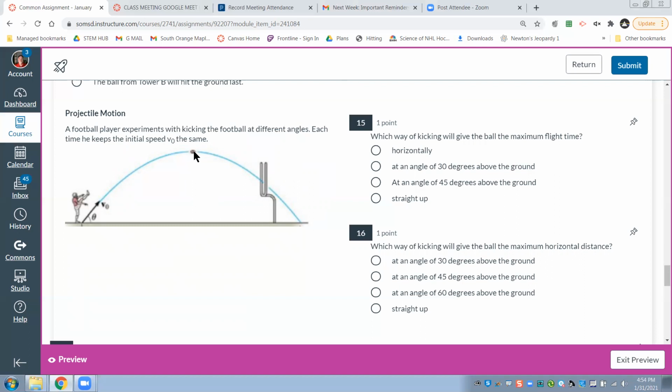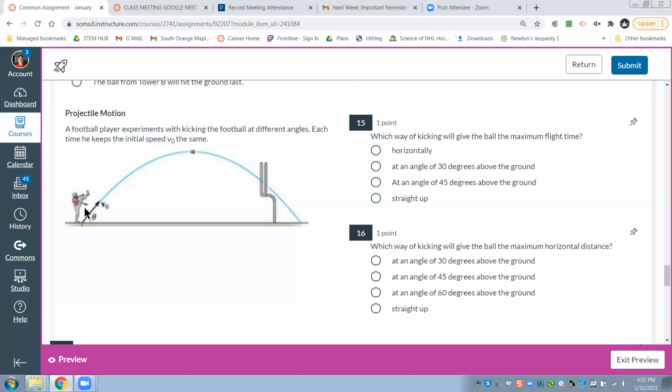So the football needs to be kicked somewhat to the right, but also up. So it needs some horizontal velocity, and it needs some time to get up high enough so that it stays in the air long enough. So we need time in the air.